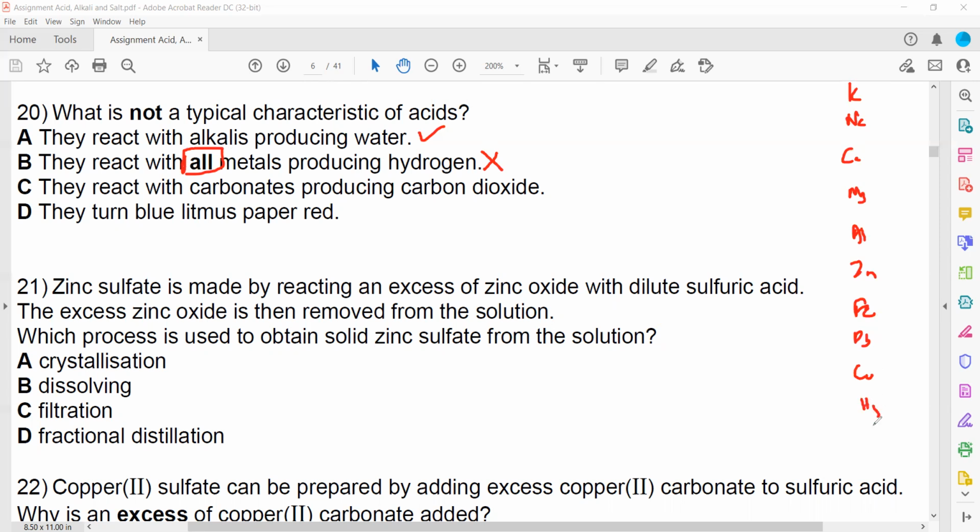Copper, mercury, silver, gold and platinum are not able to react with acid. So that's why B is not the typical characteristic. Acids react with carbonate to produce carbon dioxide and acids turn blue litmus red, that is also true. So the one which is not correct is that all acids react with metals. Is it clear?